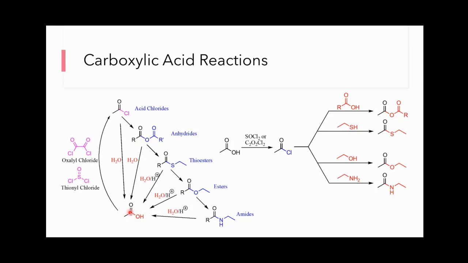So here you can't go directly from one to another, but if you know the process, what you can do is, if you want to go from an ester to an anhydride, for example, you can just react it with water to get the carboxylic acid, and then react with SOCl2, and then you get the acid chloride.